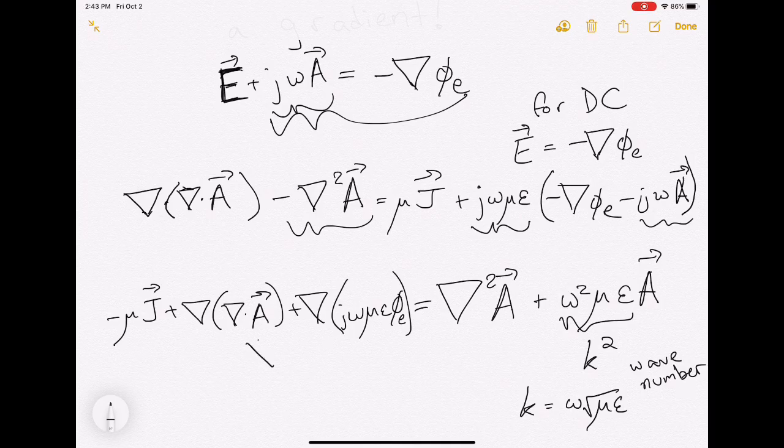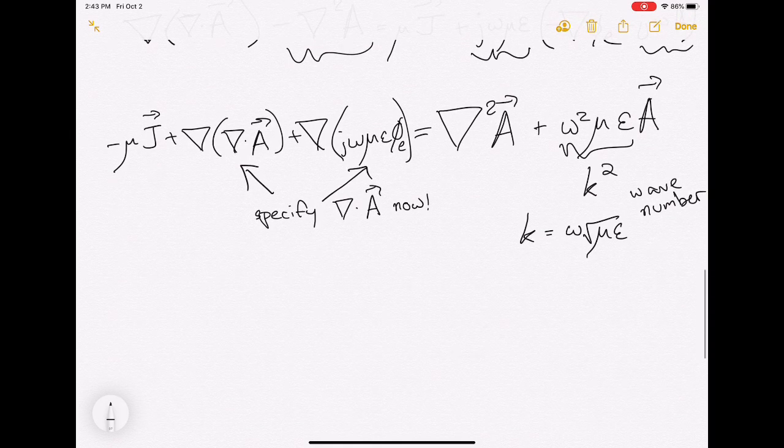Well, we never specified the divergence of A. What if we just make it so that those two terms cancel out? If we do that, and we are completely allowed to do that because A is not defined until we do. We're defining this thing as a mathematical tool to simplify more calculations later.